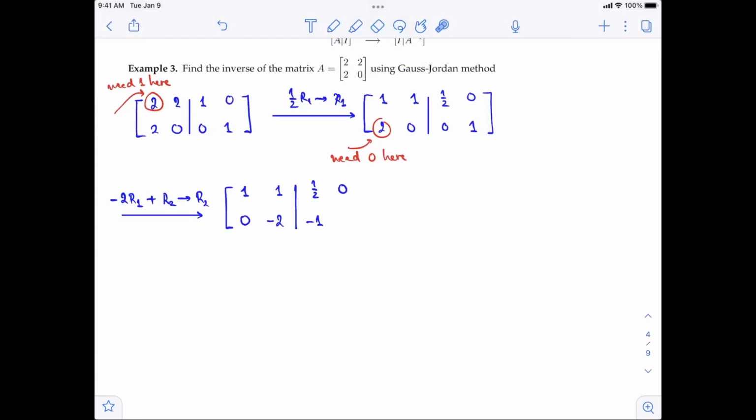And then -2 times 0 added with 1, you get +1. Okay, so that is a new matrix. Now we have the leading one in the first row and the entry below it is 0. Now moving on to the second row.